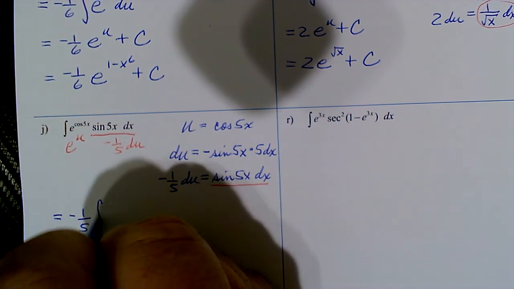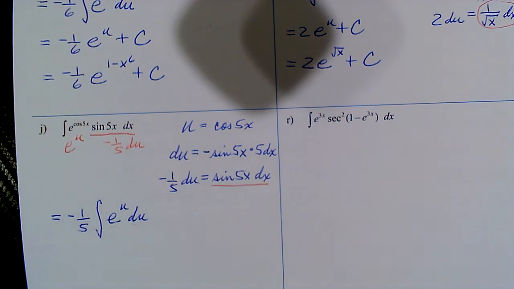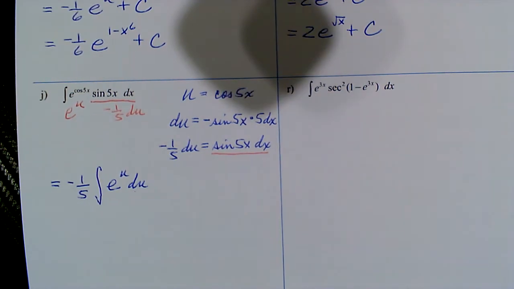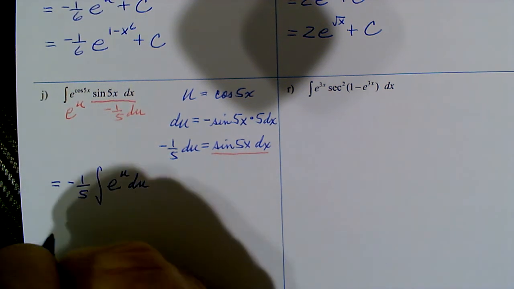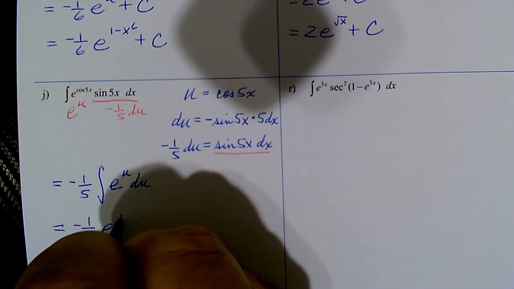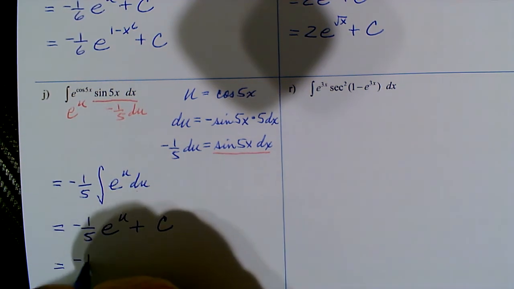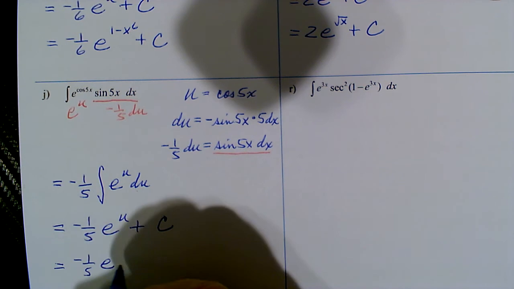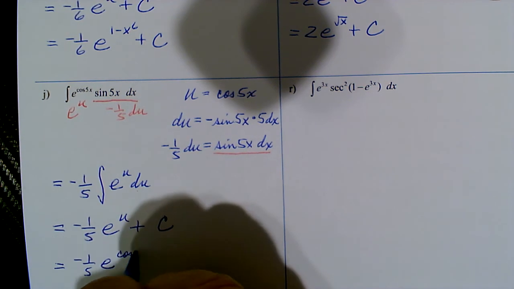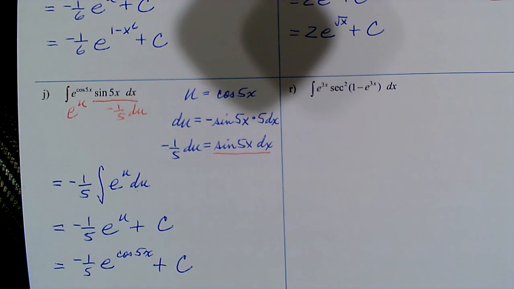We'll bring out the negative 1/5, and upon the change of variables, we get the basic formula for the integral of e to the u. That integrates to be e to the u, so the negative 1/5 tags along, times e to the u, add our constant, and then back substitute. So minus 1/5 e to the u, where u was cosine of 5x, and then plus our constant.